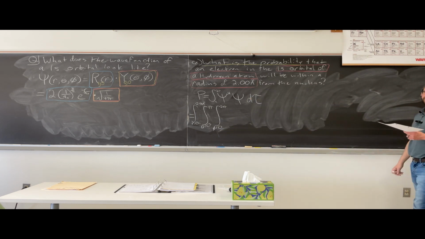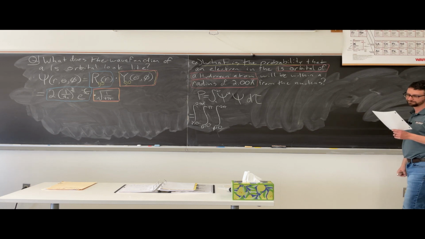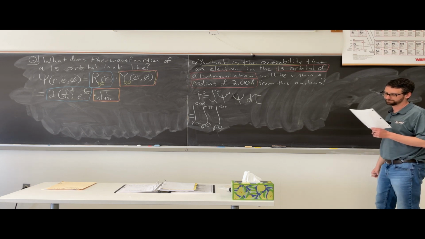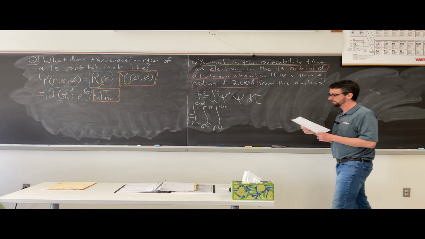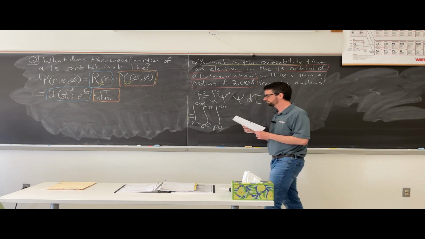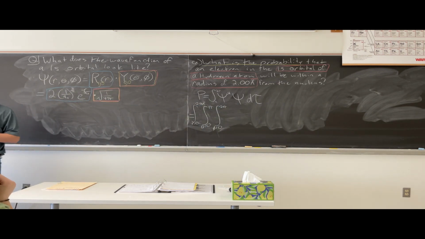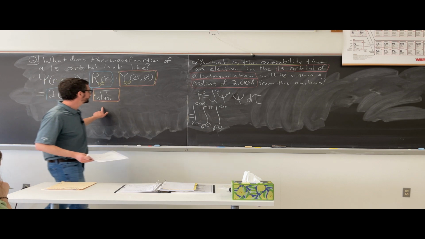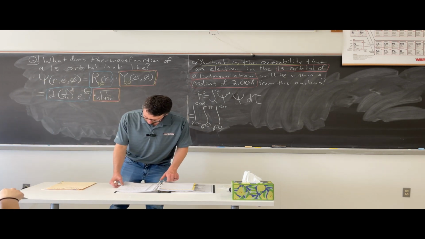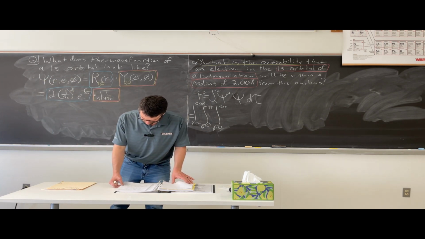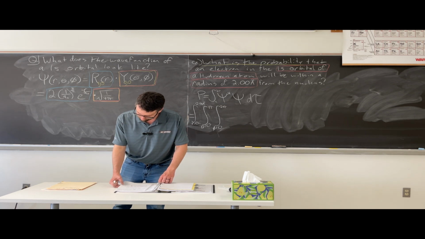Now, what do we got to do next? Figure out our wave function. Did I do something wrong here? Oh no, I didn't do anything wrong. Okay. No, maybe I did do something wrong.